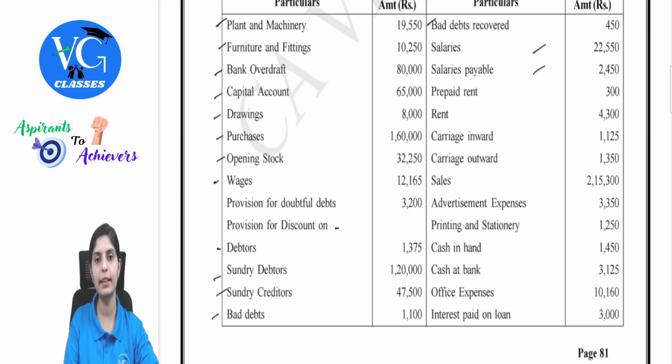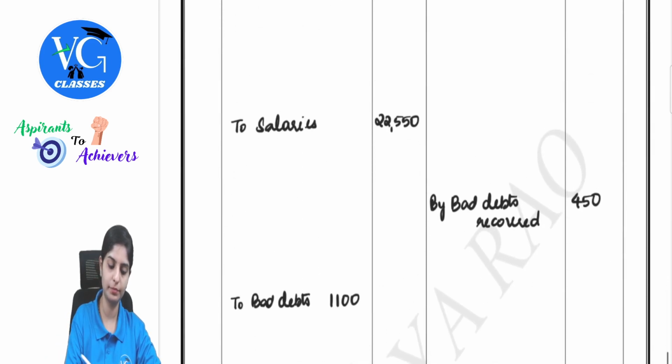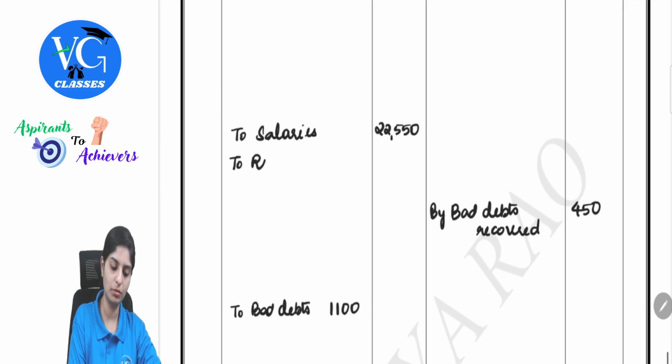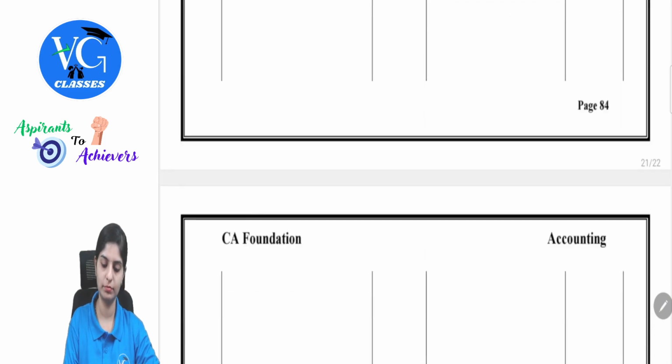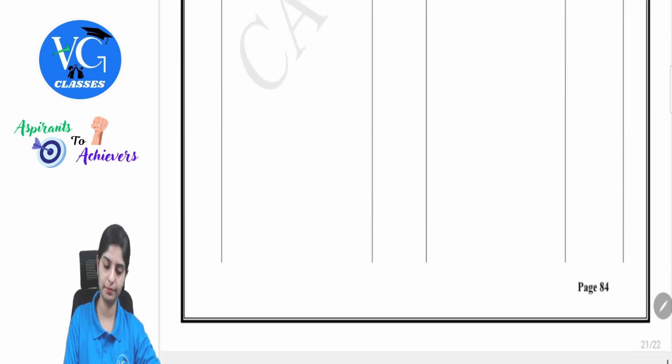When it is appearing in the trial balance, the entry is already reflected. So this is in the nature of receivable, comes in the balance sheet. Rent directly in P&L. 300 and 4,300 to rent, prepaid rent 300.